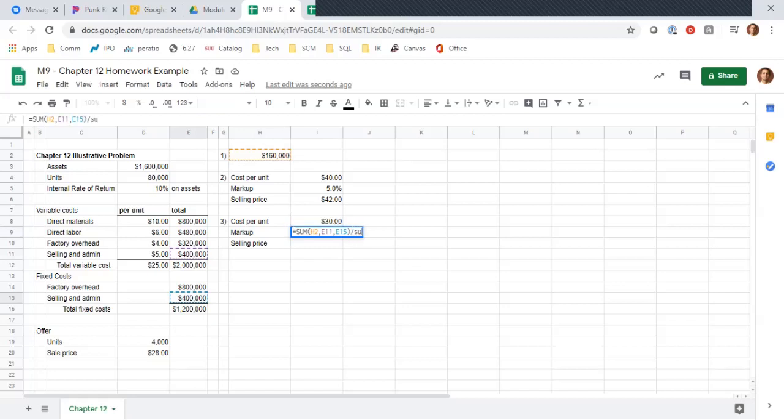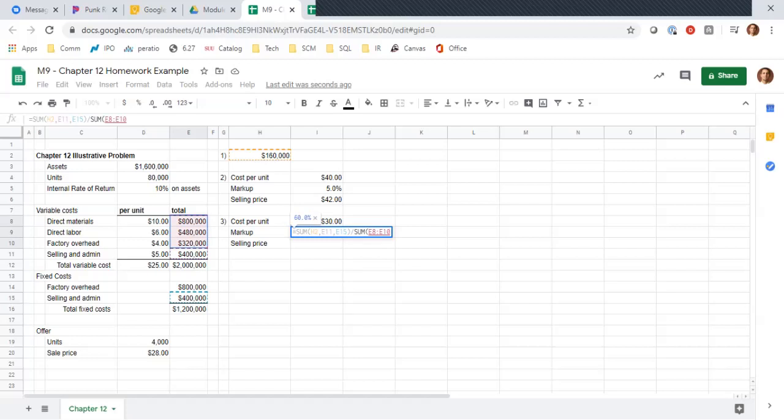And then we need to divide that by our total manufacturing costs. Okay, so our total manufacturing costs, again, are going to be anything related to the product.